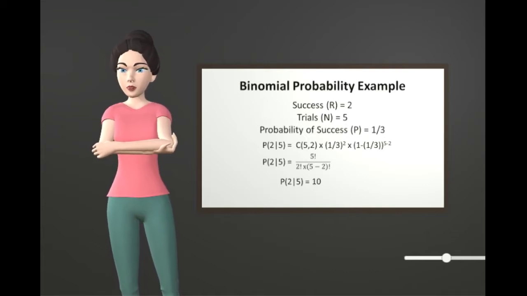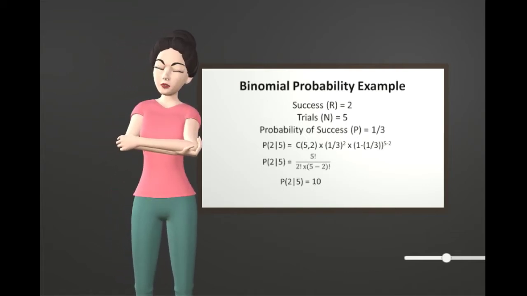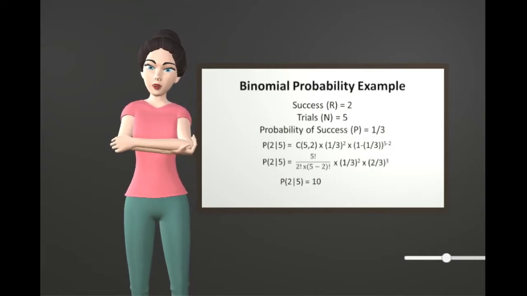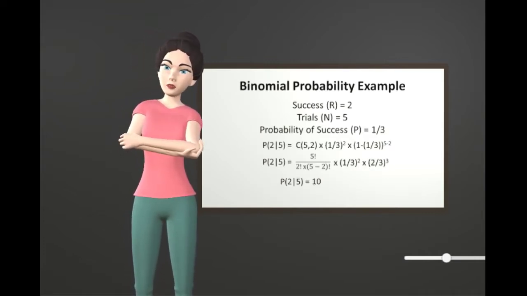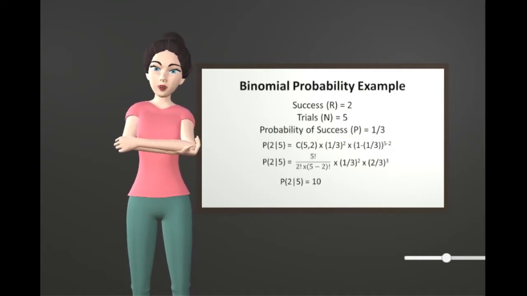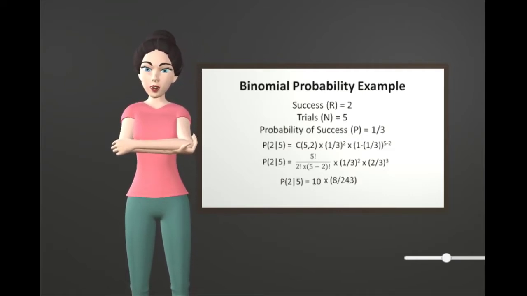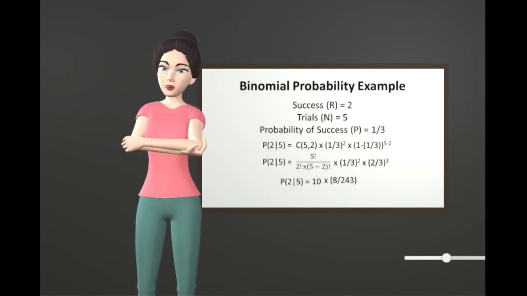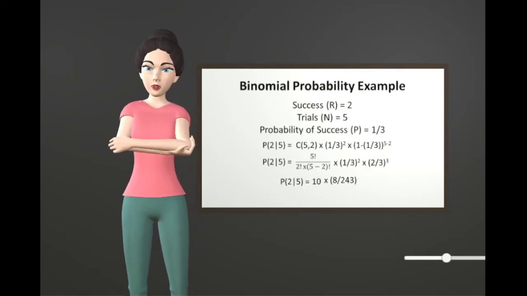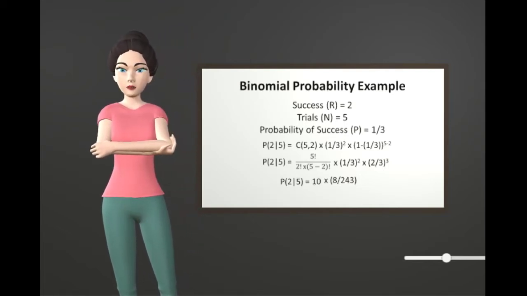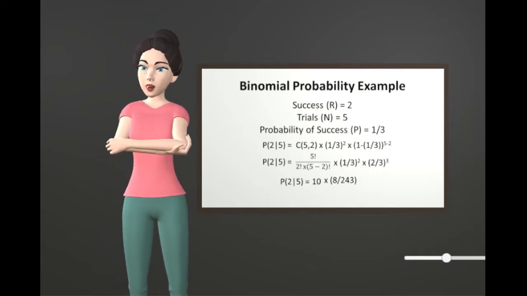The joint probability of any one sequence is 1/3 times 1/3 times 2/3 times 2/3 times 2/3, which equals 8 divided by 243. Multiply the number of combinations times the joint probability of a sequence.